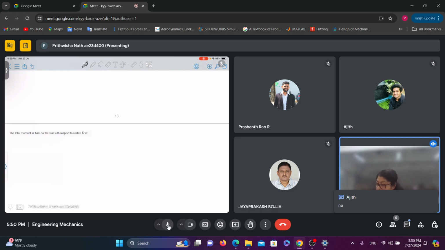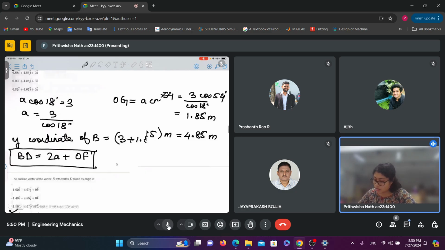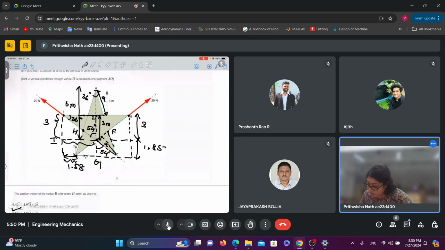Okay. So the next problem, the total moment in Newton meter on the star with respect to the vertex D. I need to find the total moment with respect to the vertex D. So can anyone tell me which force will contribute to the moment about point D?